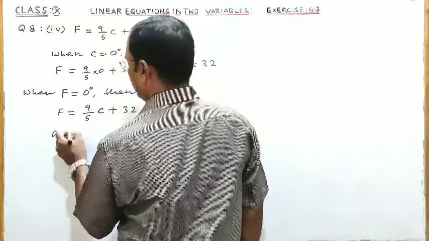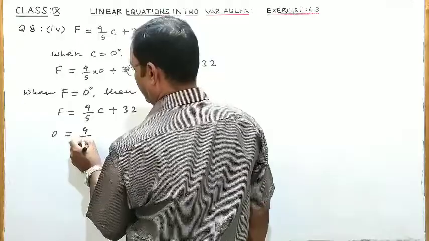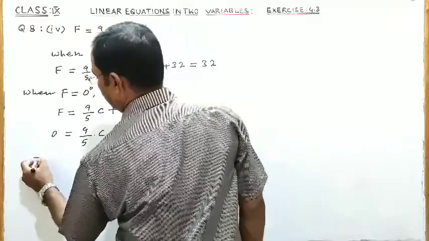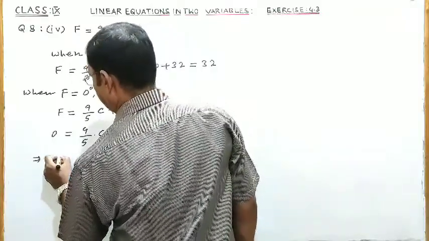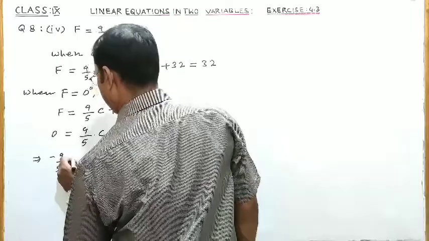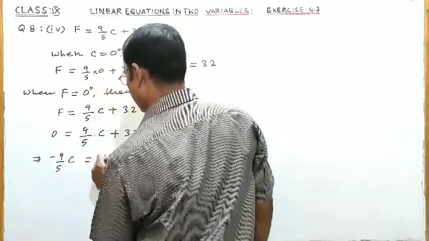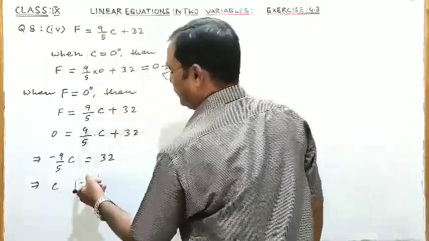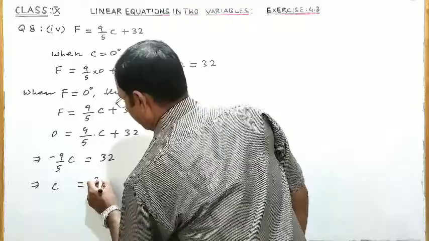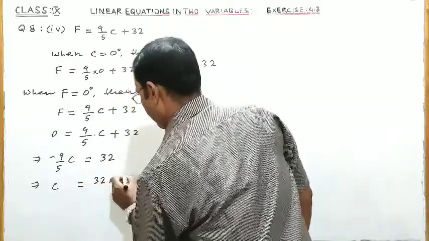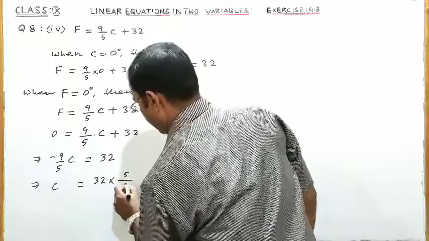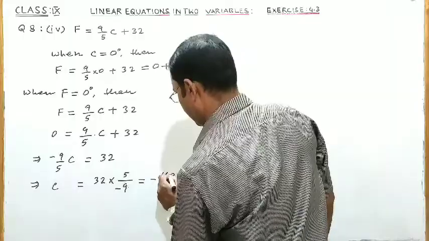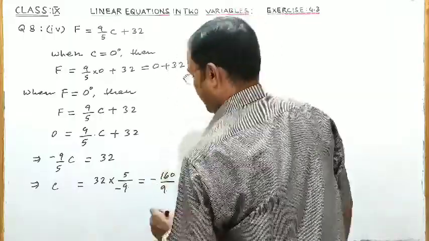So write F equal to 0 equal to 9 by 5 into C plus 32, and this implies minus 9 by 5 into C is equal to 32. So C is equal to 32 into 5 by minus 9, which is equal to minus 160 by 9.